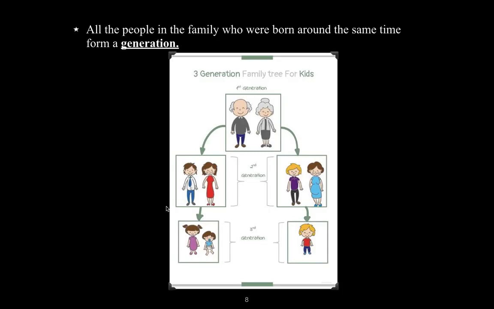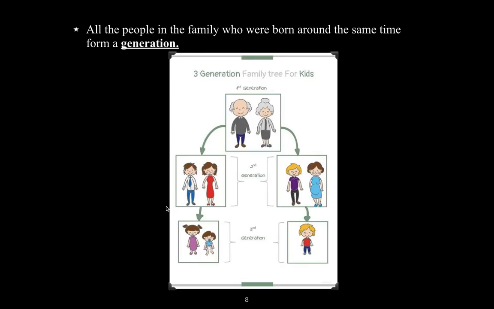You, your siblings and cousins are all in the same generation. As you can see, your grandparents are 2 generations older than you, while your parents are only 1 generation older to you. Isn't it interesting, children?